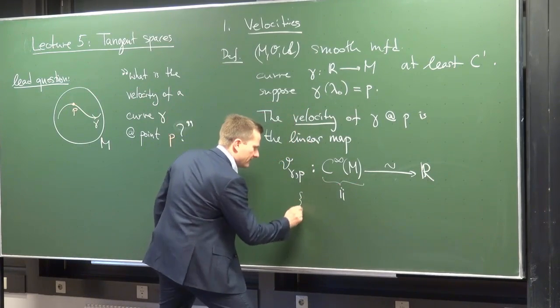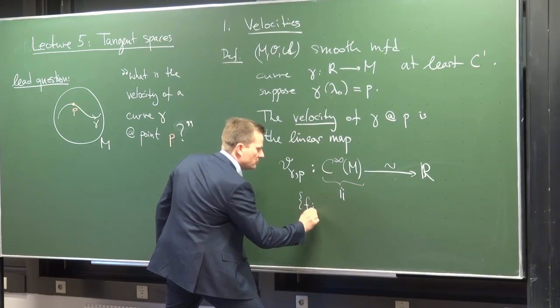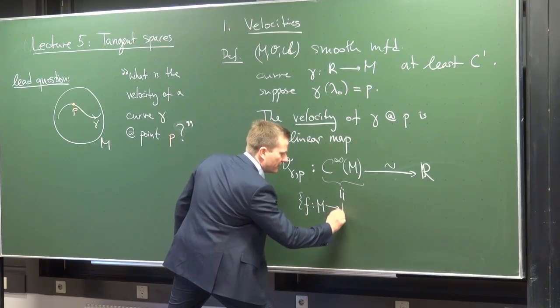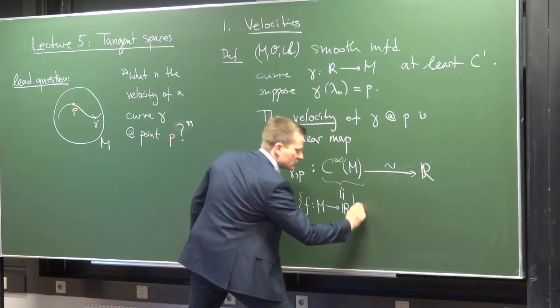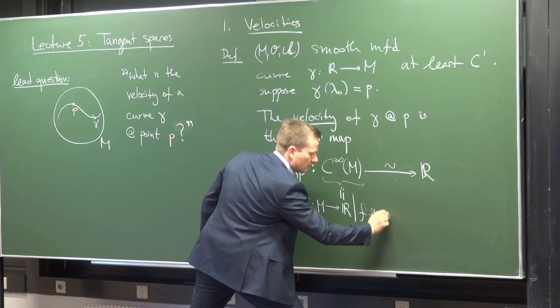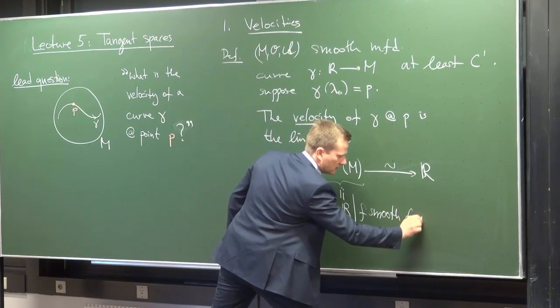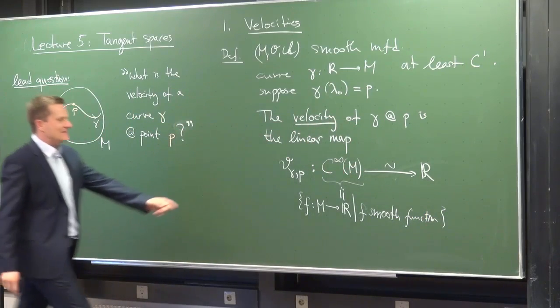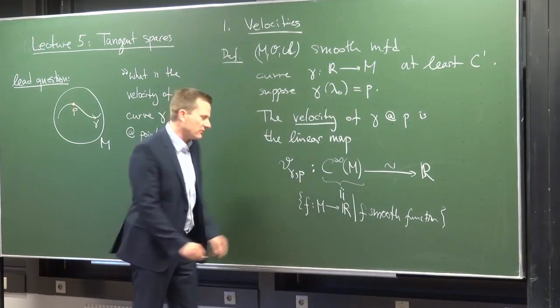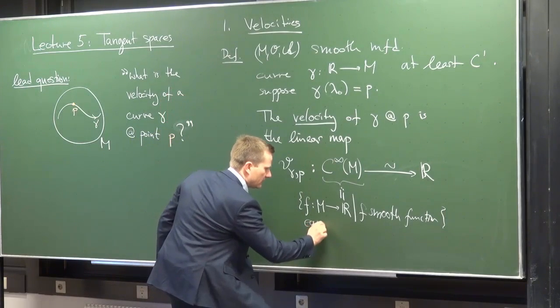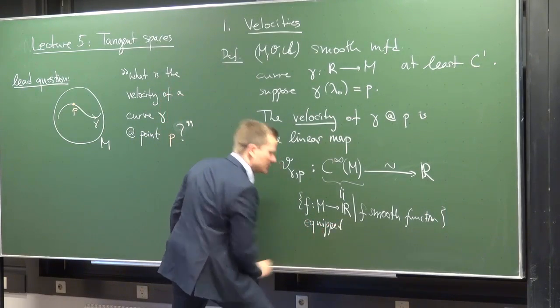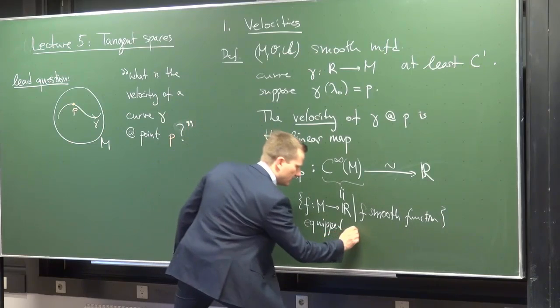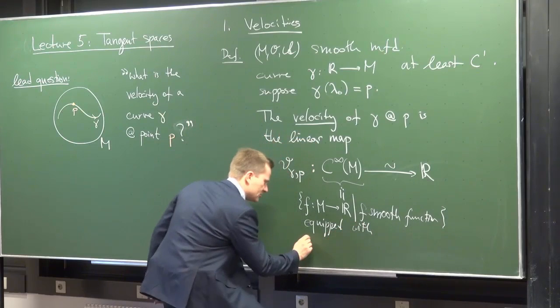This is the set, very simply, of all smooth functions on the manifold. So if f is a smooth function, then C infinity of M as a set is the collection of these smooth functions, equipped with addition and scalar multiplication, and that is just pointwise.